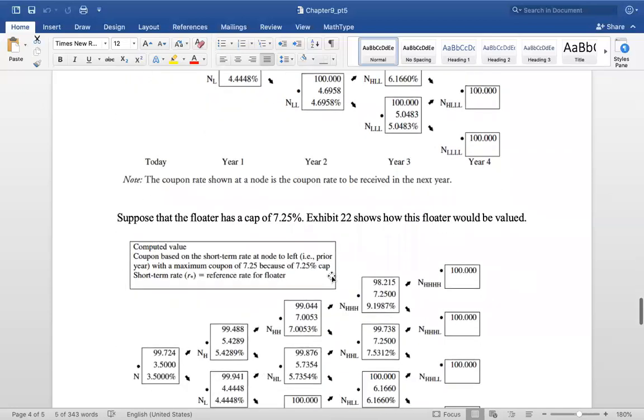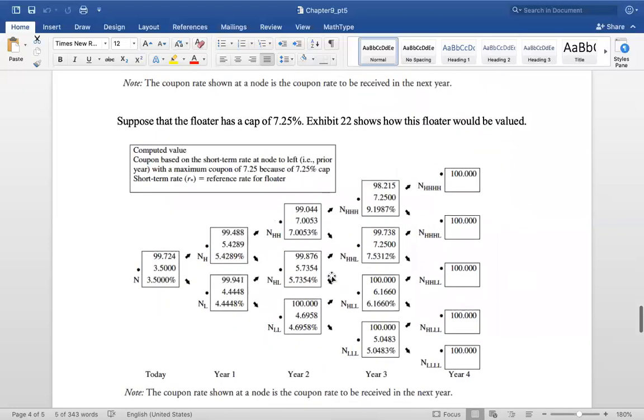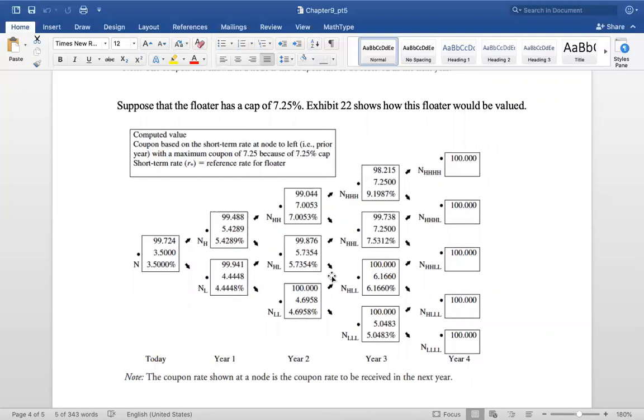The thing with the capped floater is that you cap, or put an upper limit on, the coupon payment. So for example, if it's 7.25, rates cannot go beyond 7.25. Here it's a floating rate, but because this rate is higher, it's 7.25, 7.25, 6.16, 5.00.